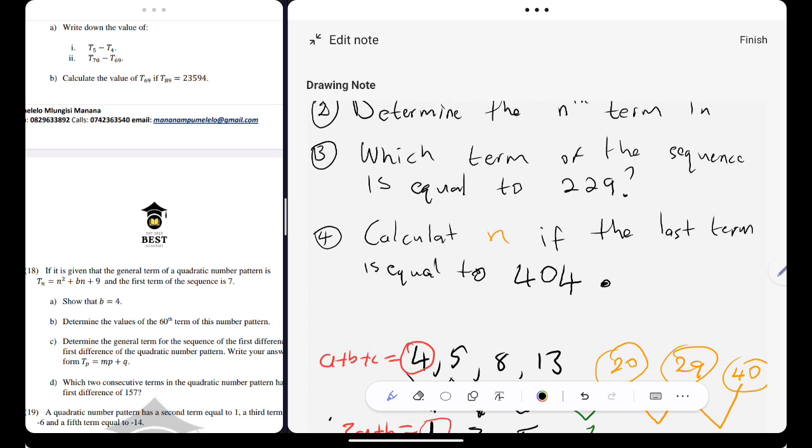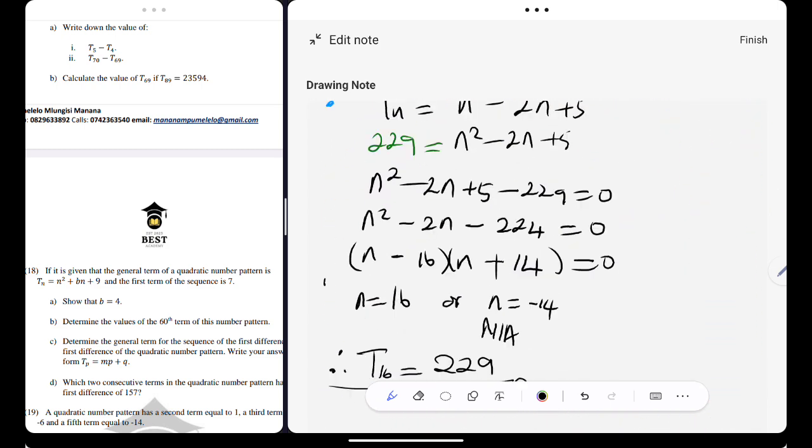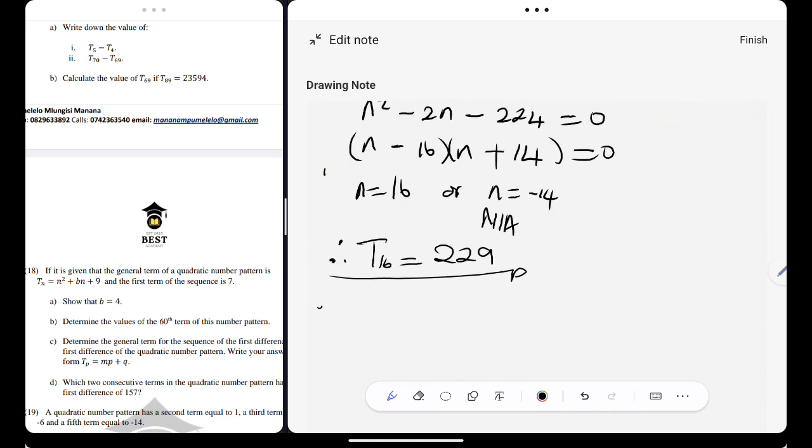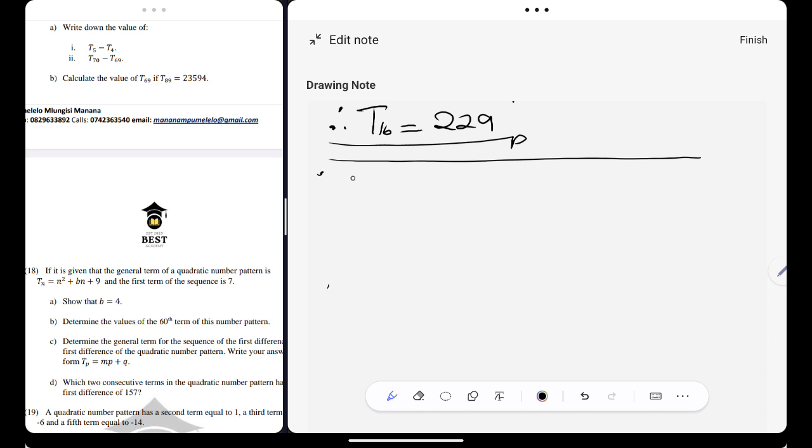And then the fourth question, we are supposed to calculate n if the last term of the sequence is equal to 404. They've given us the last term of the sequence, which is 404. I know that Tn is equal to n squared minus 2n plus 5.